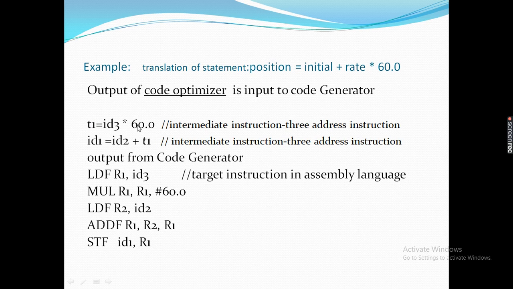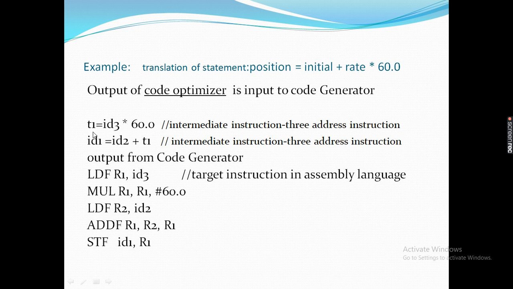This is the output of the code optimizer for this particular statement. Each instruction is called an intermediate instruction.